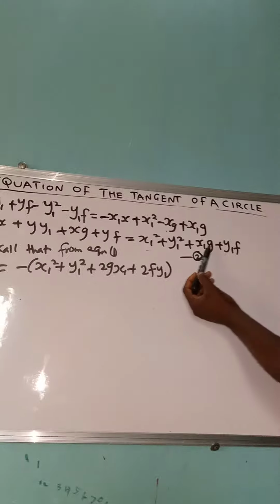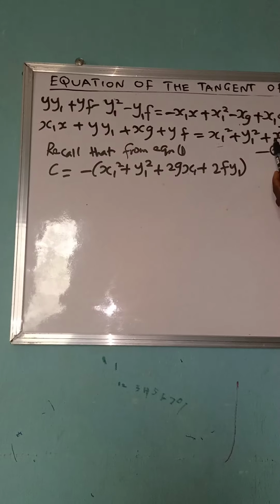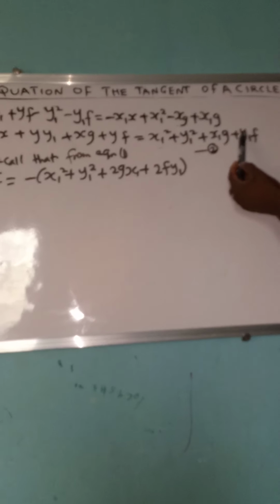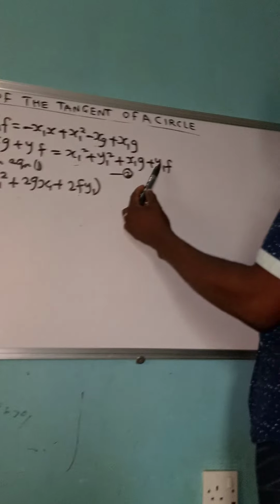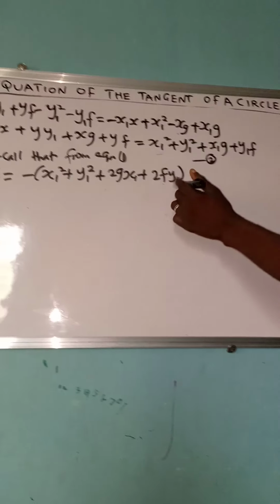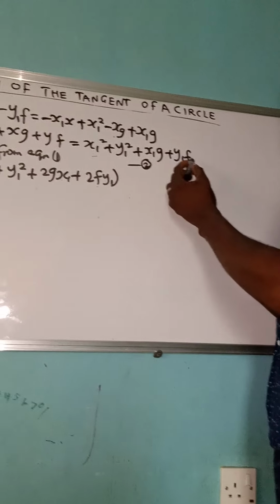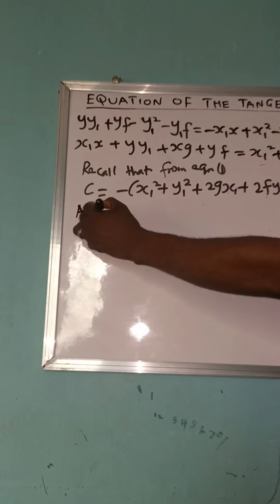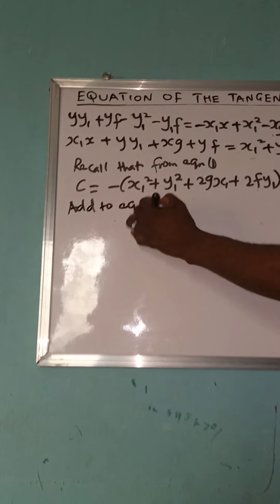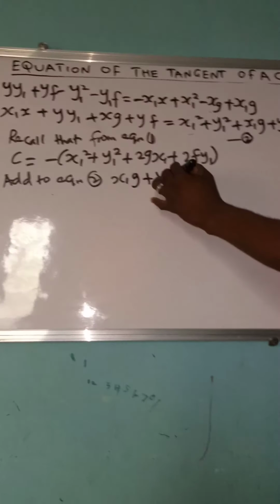We only need x1g to be 2 here, and we need y1f to be 2 to complement here so that we can have c in the equation of the tangent. So that means I need x1g plus y1f. So to equation 2, add x1g plus y1f to both sides.